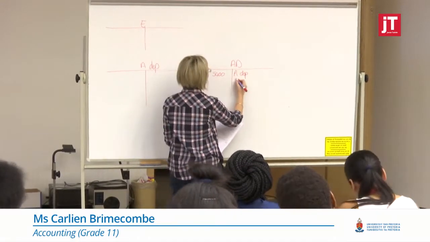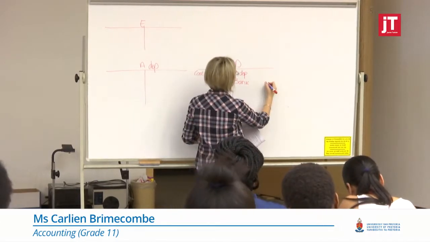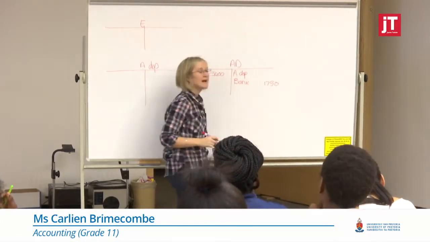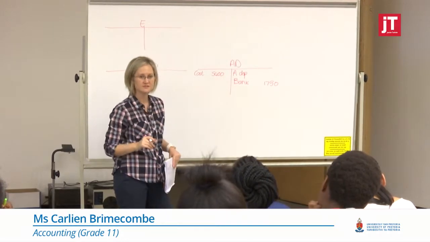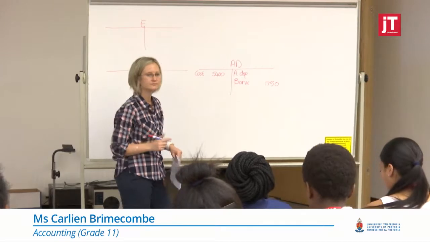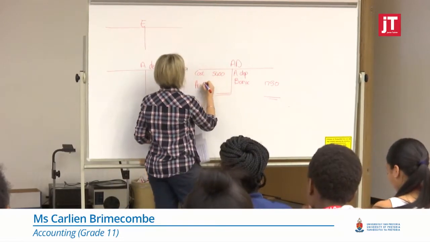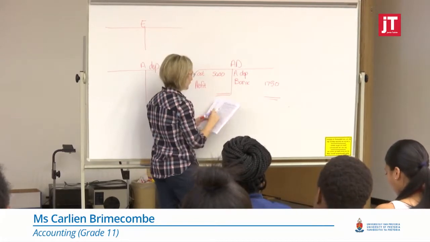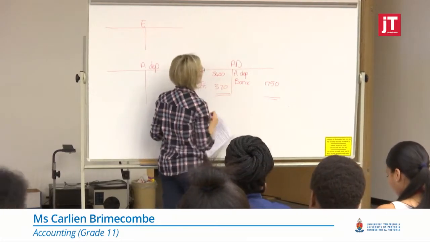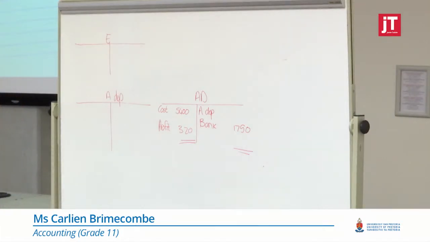So it was sold for cash. So I have 1,750. And then they said we made a profit. Where would a profit always appear? So I made a profit of 320. So can I calculate the total accumulated depreciation? Yes.